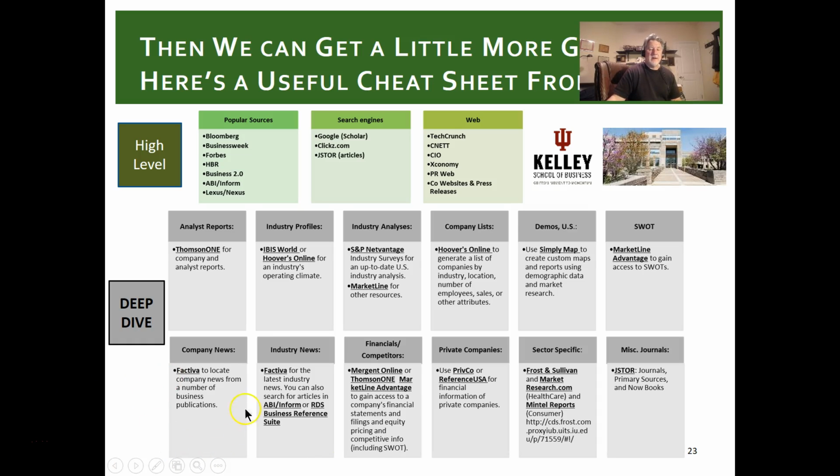First is Factiva. Factiva is really, really cool for industry and company news. Okay. I also think that Simply Map is also good for mapping data. Then sector reports. I've gotten such great stuff from Frost and Sullivan and MarketResearch.com and Mintel, and then JSTOR as well. These are all great resources, but I just try to give you some of my favorites. I know this is a lot of data to process, but at least you have the slides that you can go back to, and that's why you also have the cheat sheet.